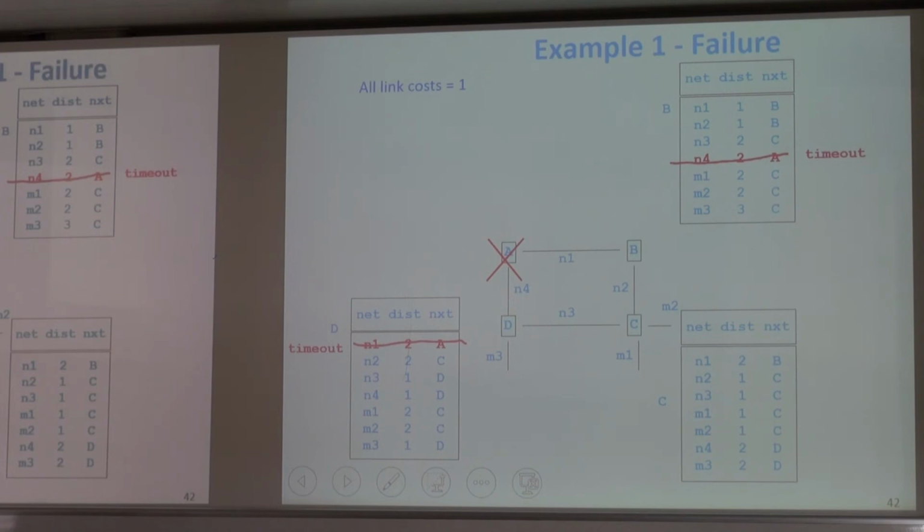Of course, there is an alternate path to N1, which is via C. But now, what will happen? We will continue running Bellman-Ford. This algorithm never stops, the distributed version. It continues, but now it continues from the state that is here, which corresponds to wrong initial conditions for this topology.